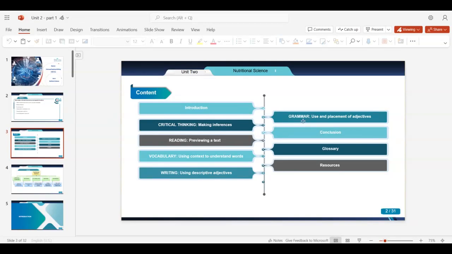And then in the grammar part, use and placement of adjectives: how we use adjectives and how we place them in the proper place in a sentence. So this is the main part of our unit 2.